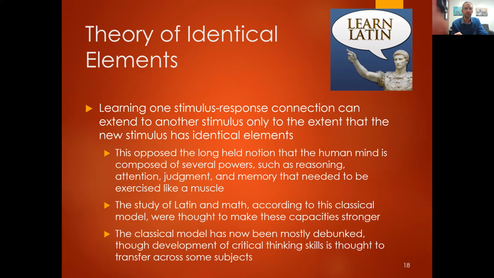And so if you were to study Latin, the thought was that the Latin is going to exercise your judgment and reasoning and memory, and then that would equip you to be able to do math more readily, or engineering more readily, or whatever it might be.